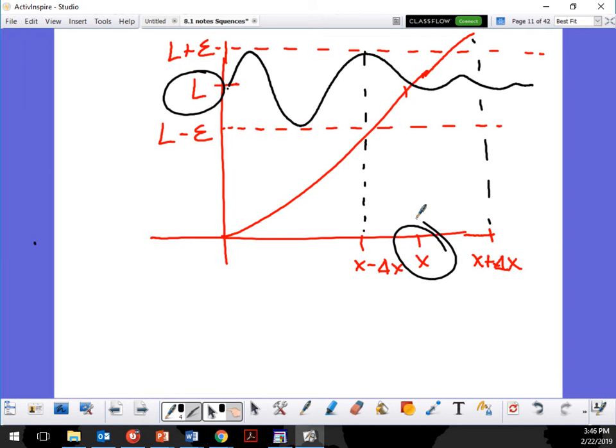This is going to go to infinity, going up and down, squeezing to some little spot right here somewhere. And it's going to make my delta x so tiny that it's basically that number.